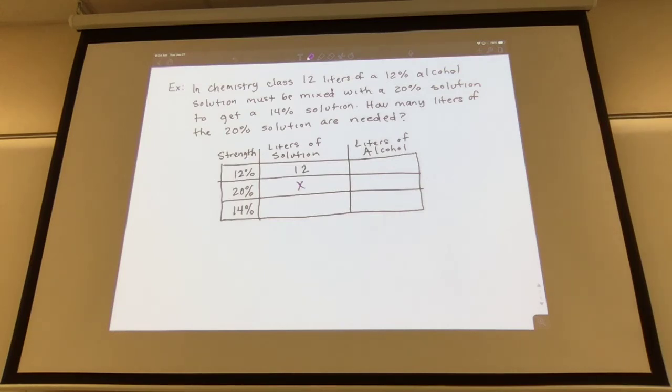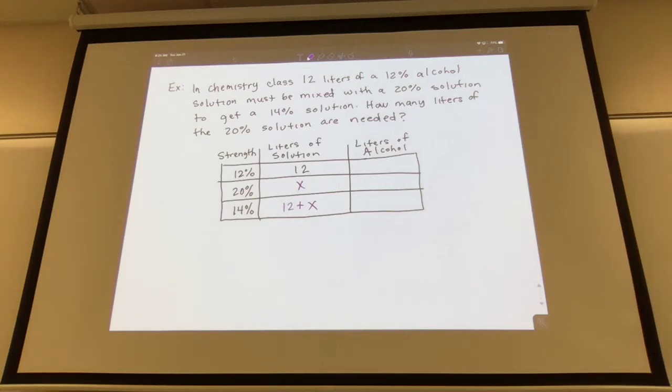With the two above, when we mix them together, so when we add them together, what do I know about the 14%? It's just the addition of the other two, right? So how would I represent that? 12 plus X. I don't know what X is, but I do know I added the two together to get the 14%.